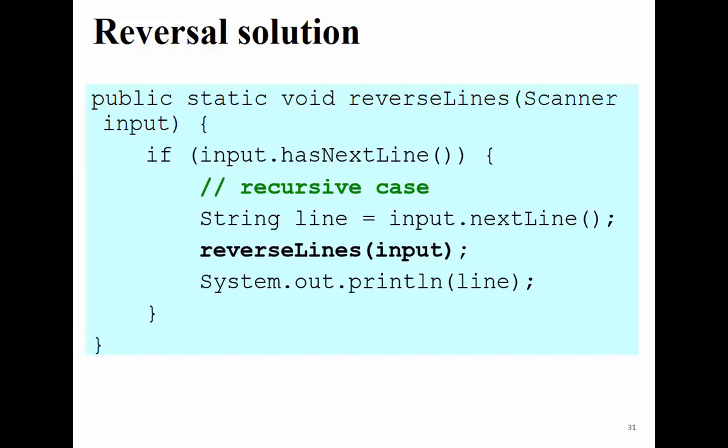This is the input file. This is a recursive method. You ask if the input has a next line. Okay? When the recursive call is going to come back, the execution will immediately follow that recursive call.